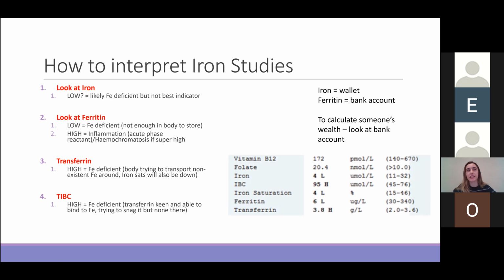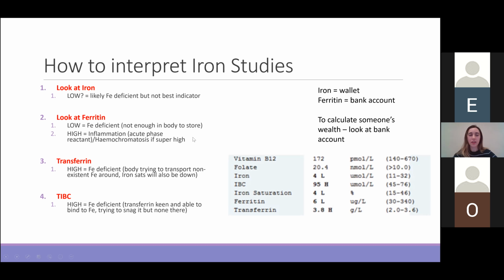So you can get an indicator, but you actually want to look at their bank account to calculate their net worth. So ferritin's like your bank account. If that's low, likely you're iron deficient because you don't have enough to store. If it's high, you likely have inflammation, possibly because it's an acute phase reactant, or hemochromatosis, which is a condition where you get iron overload if it's super, super high.